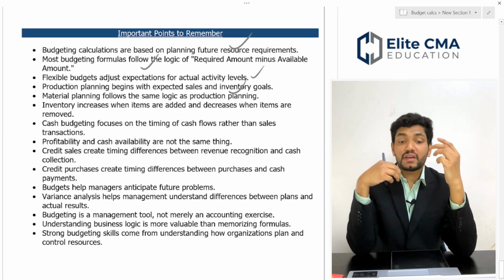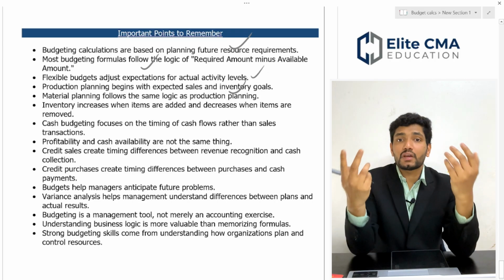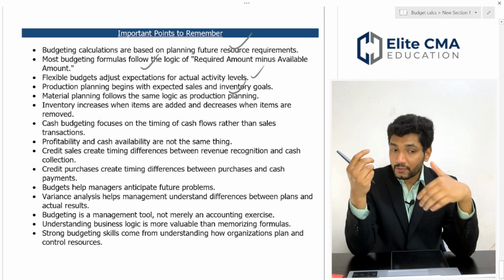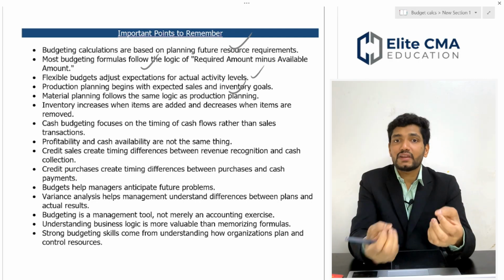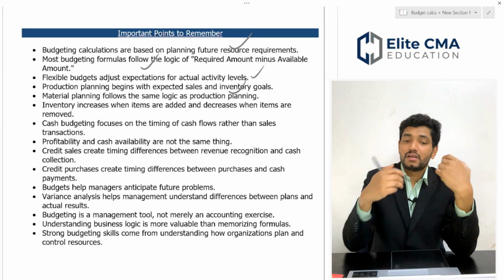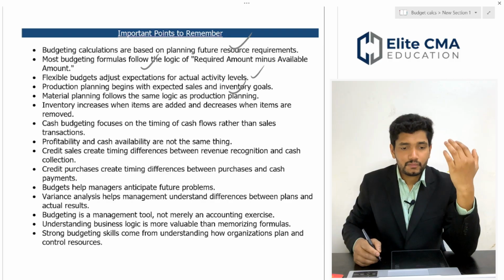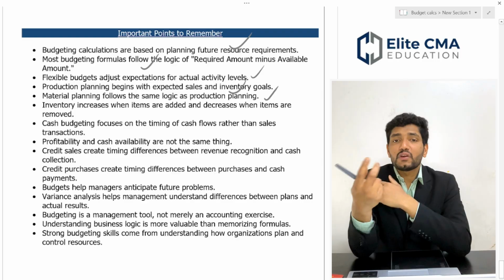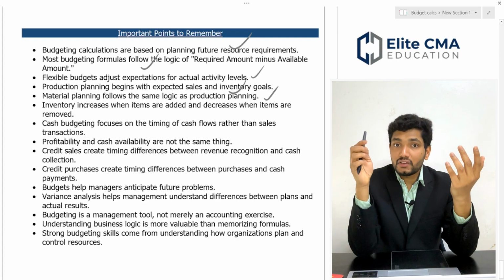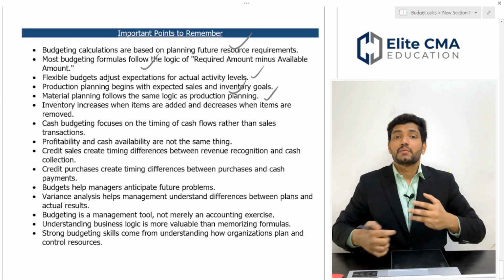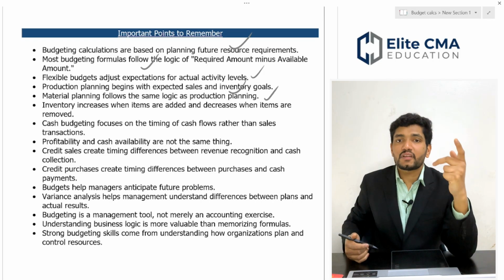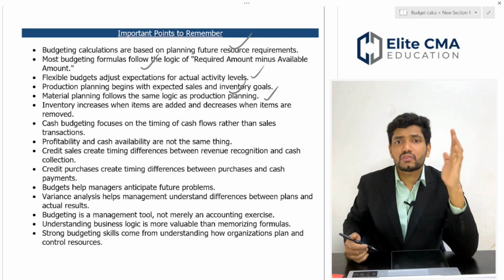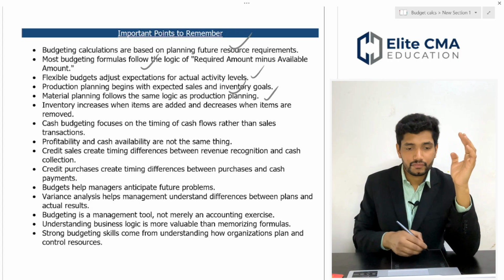Again, production planning begins with the expected sales and inventory goals. Your production planning should happen with your expected sales requirement and your inventory level. Then the material planning follows the same logic. Here also you have to consider your expected material requirement plus your ending inventory requirement, and you can reduce your beginning inventory.